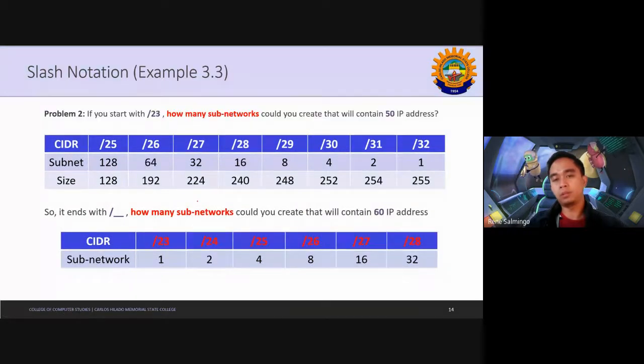As discussed before, what would be the maximum IP address that we could consider? We will consider values from this side. For 50 IP addresses, and since you start at /23, where would it end?